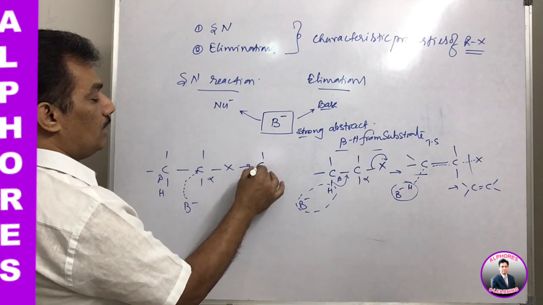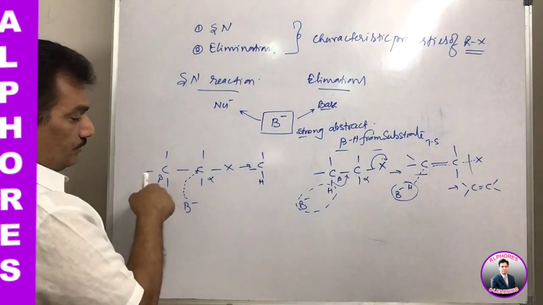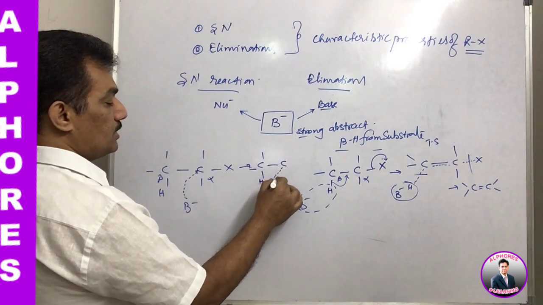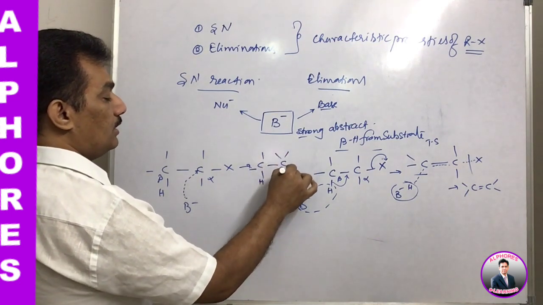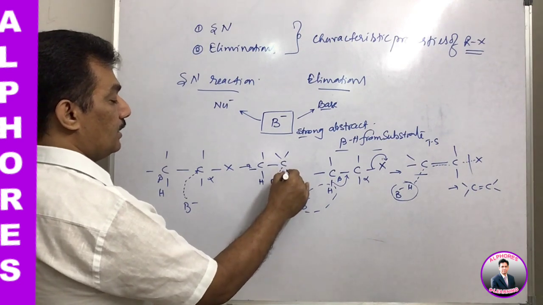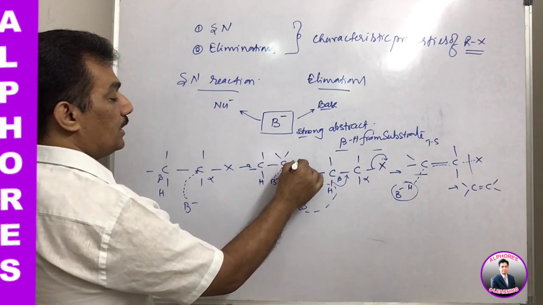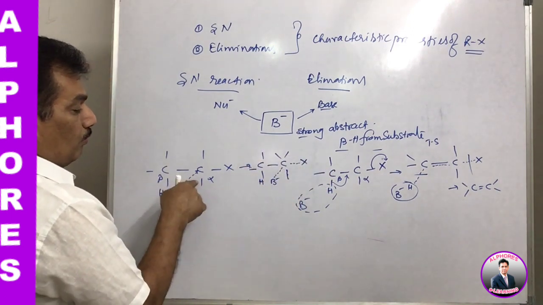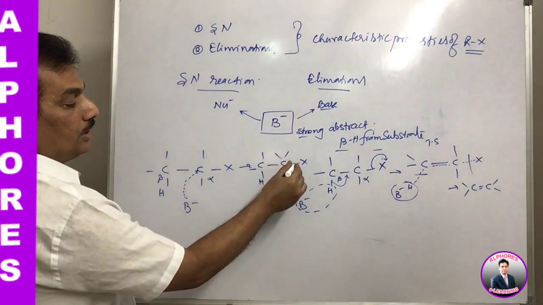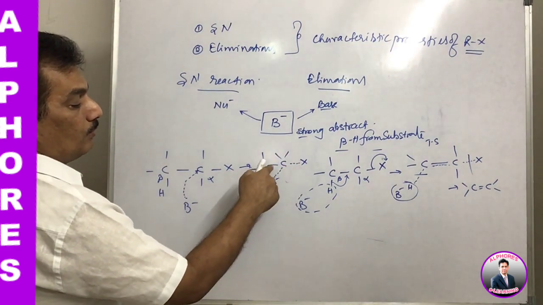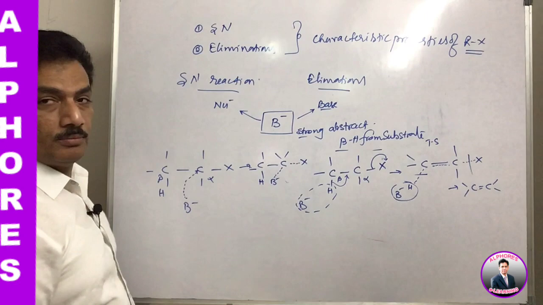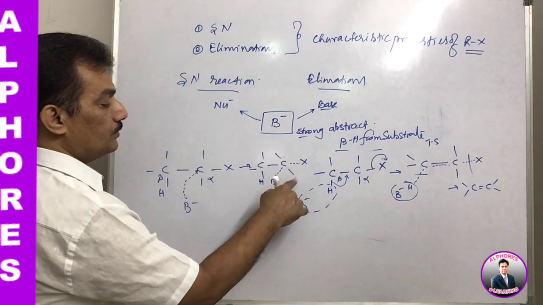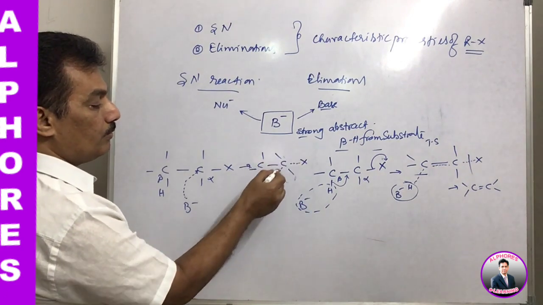Here the beta carbon is not having any effect, and this B minus slowly approaches, and this carbon temporarily gets a five-bond tendency: 1, 2, 3, 4, 5 bonds.